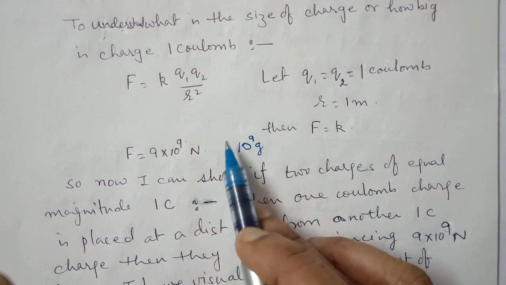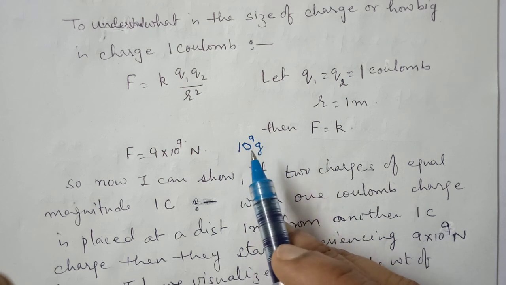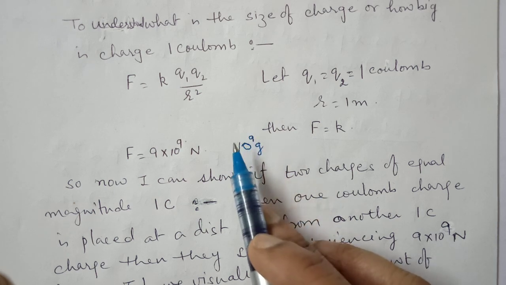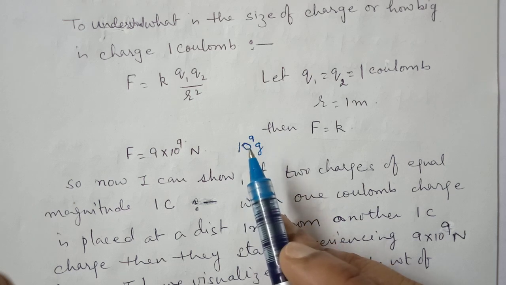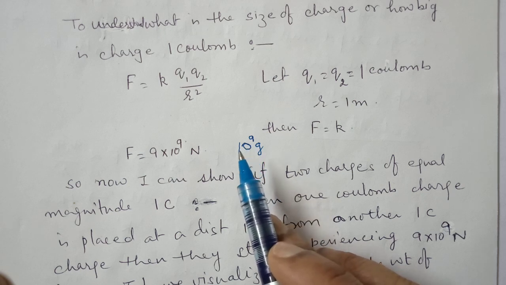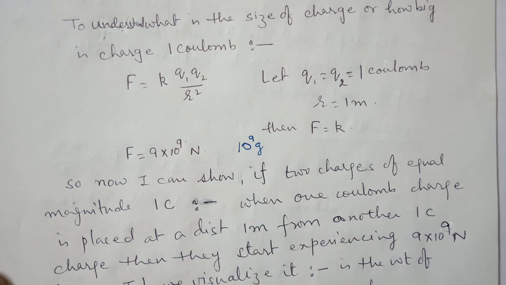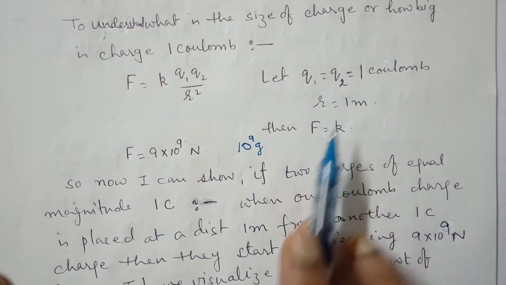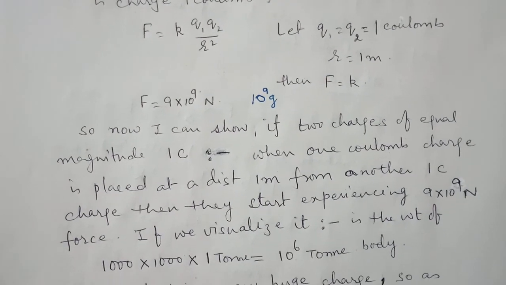So mass can be compared as 10 to the power 9, which is 1000 times 1000 times 1000, and 1000 kg is known as ton. So it is the weight of 10 to the power 6 ton. If 1 ton is considered to be the mass of a truck, then it is the weight of 10 to the power 6 trucks. So when 1 coulomb charge each is placed 1 meter apart, it experiences such huge force. That means coulomb is actually a very, very big charge.